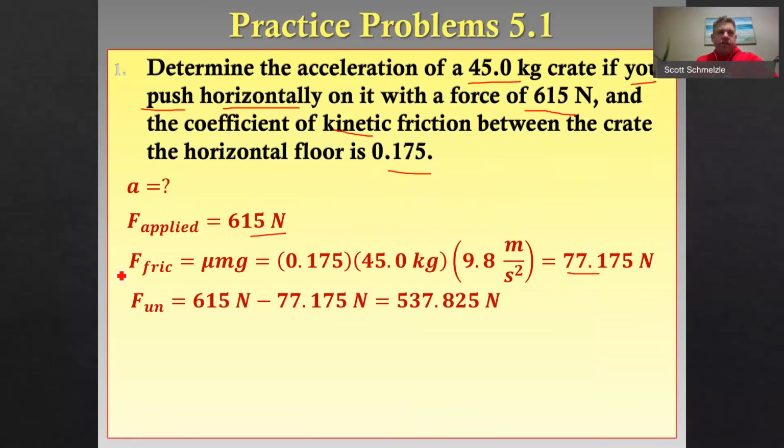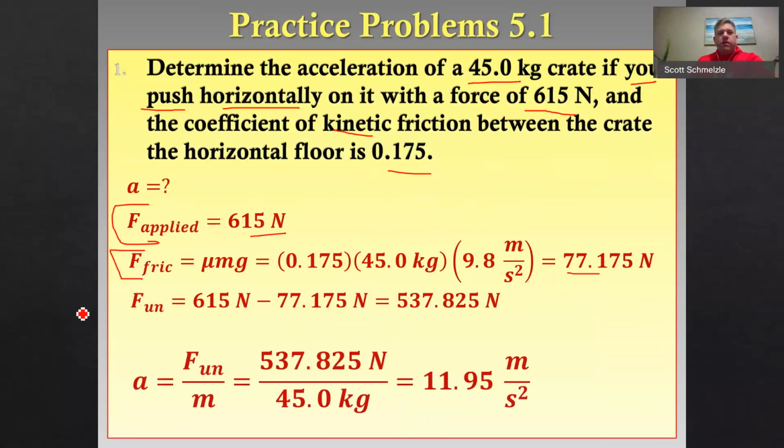In this case, they gave me my applied and then I just found my force of friction, right? So to solve this, F_un equals ma. So I took my 537.8 divided by 45. I found that my acceleration is 11.95 meters per second squared.